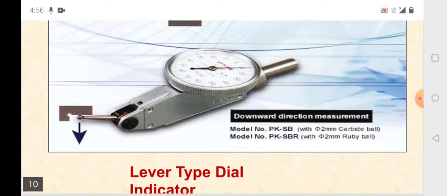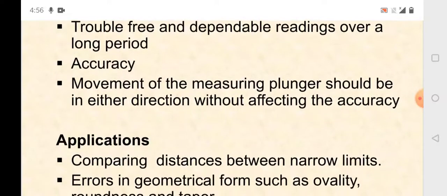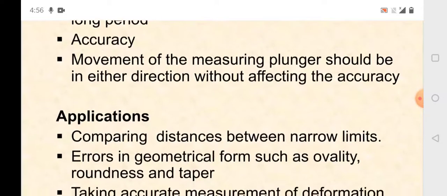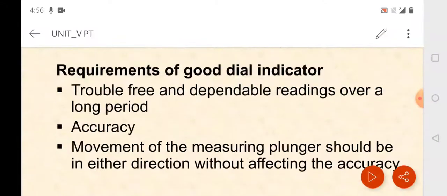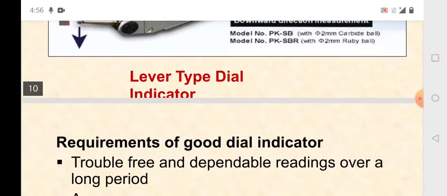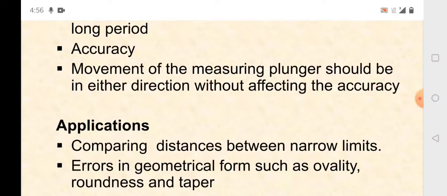Ultimately the principle is the same: the movement of this particular lever is converted into movement of the pointer on the indicator. These are the dial indicators used for getting the variation in readings from the basic size.